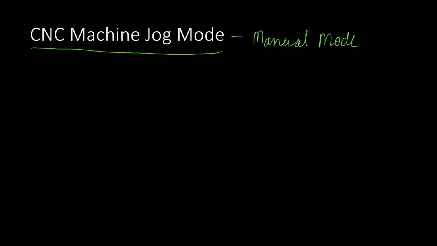The physical positions of the mode switch included as manual mode include manual or jog, hand wheel, and reference return. You can use the hand wheel to supply feed pulses to the motor.